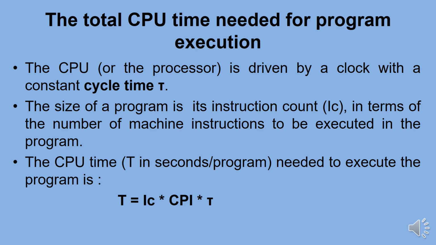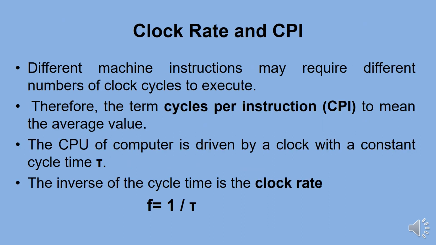Finally, the CPU time needed to execute the program is given by T = IC × CPI × tau, where IC is the instruction count, the number of machine instructions. CPI stands for cycles per instruction, which uses the average value because instructions may require different numbers of clock cycles to execute. And the clock rate is given by f = 1/tau.